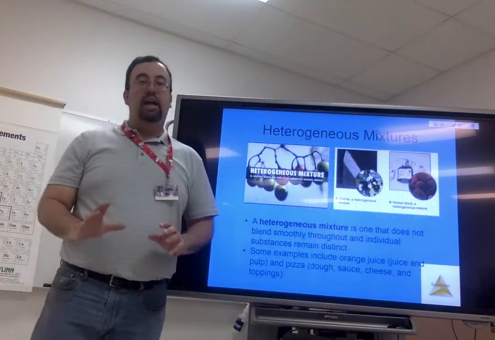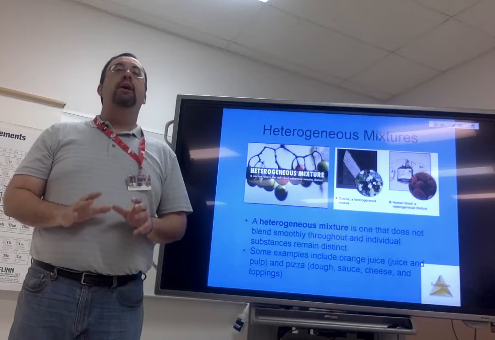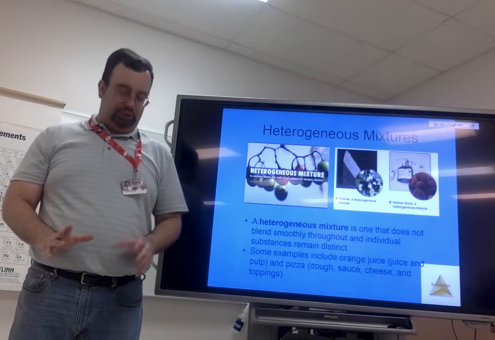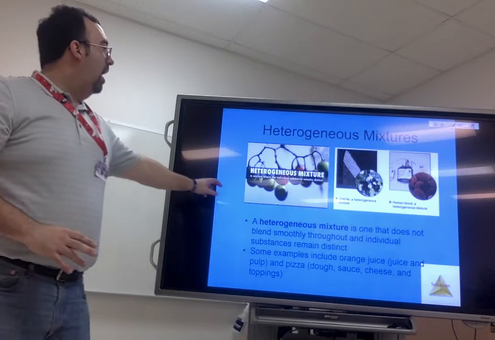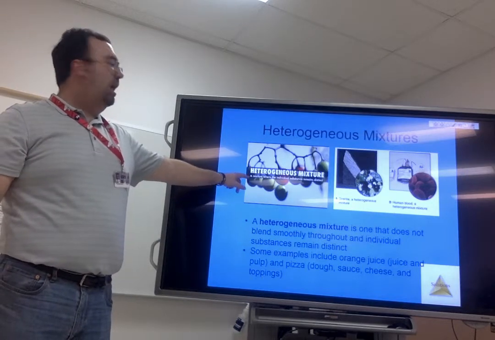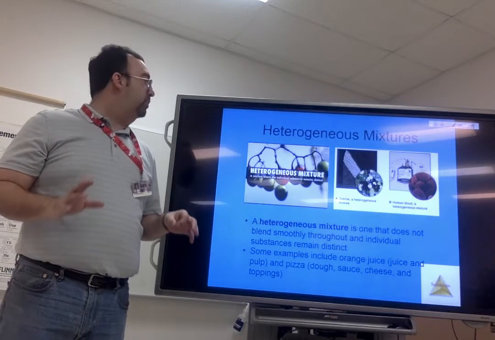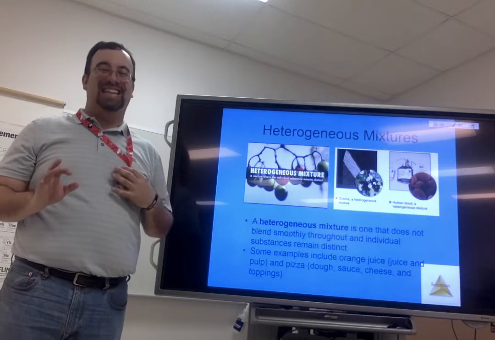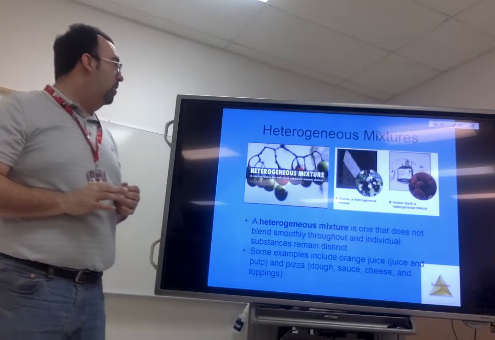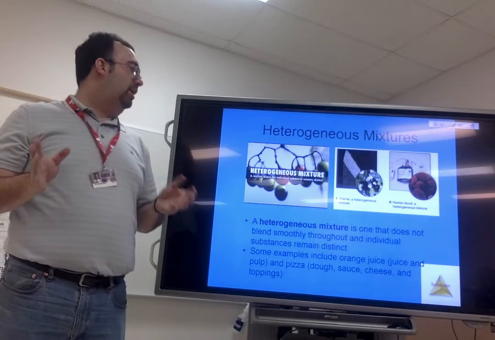Let's talk a little bit more about heterogeneous mixtures. A heterogeneous mixture, as this picture indicates, is a mixture where the individual substances remain distinct. We have a couple of examples of this.